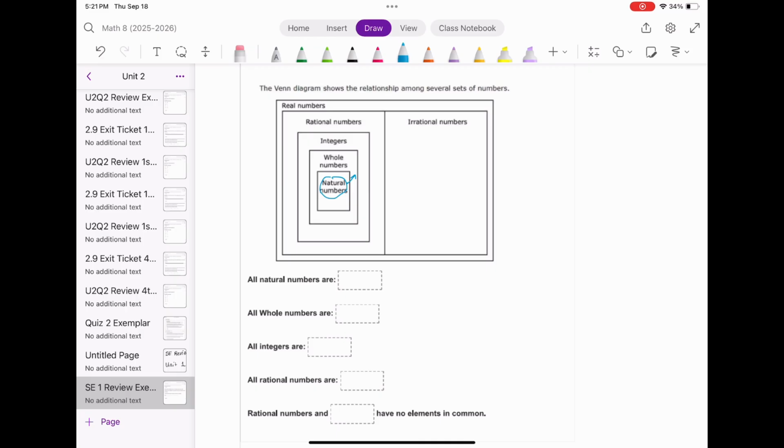So to help you classify real numbers, think of the Texas example that I gave you, where all the groups fit inside the next. So for example, natural numbers are whole numbers, whole numbers are integers, integers are rational numbers, and rational numbers are real numbers.